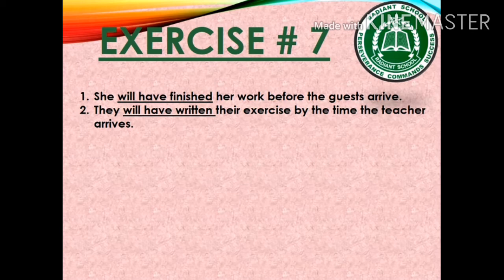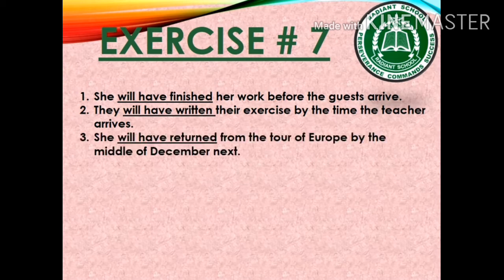Here you can see the keyword for future perfect tense, and that is by. In the third sentence, she will have returned from the tour of Europe by the middle of December next. Again you can see by is written in the sentence, so this sentence goes for future perfect tense.